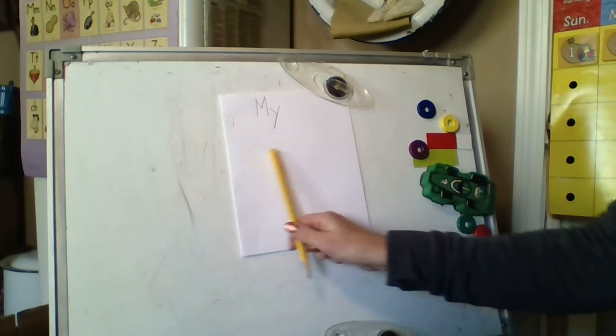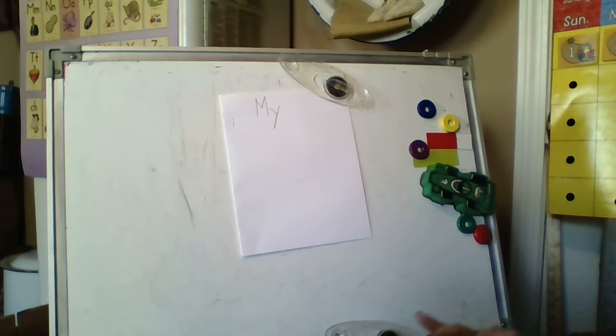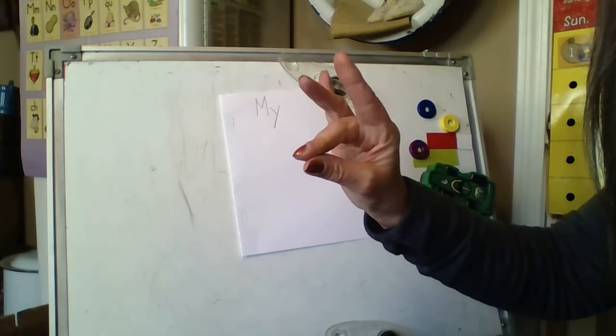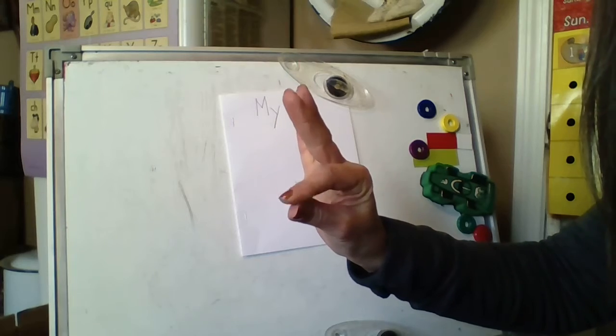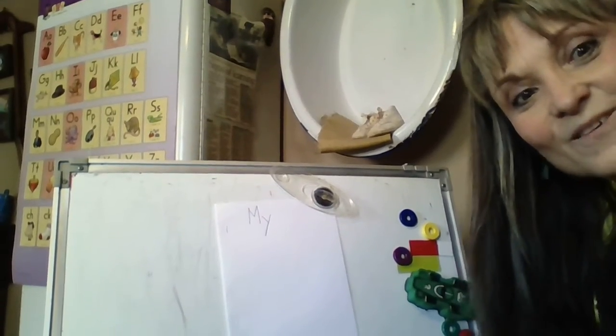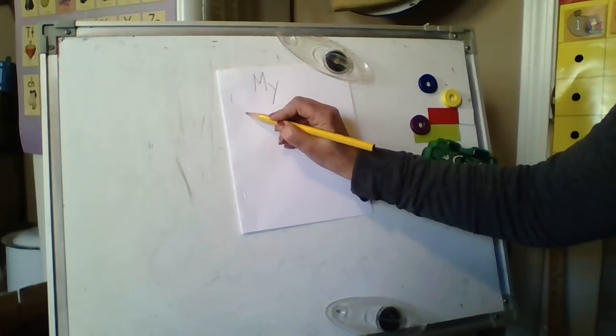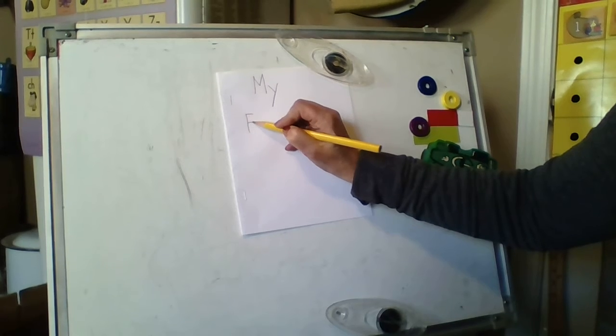My. Now the next word is going to be family. Fam. Ready? Am. Fam. What's the F sound? Oh, we've done that one. Fun. That's right. I need an F. Am.